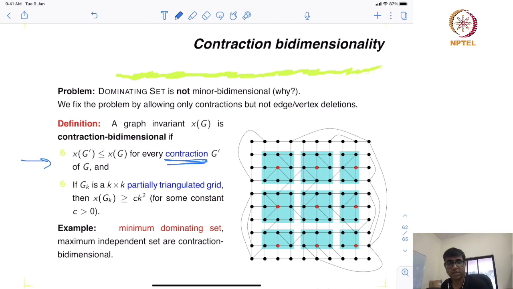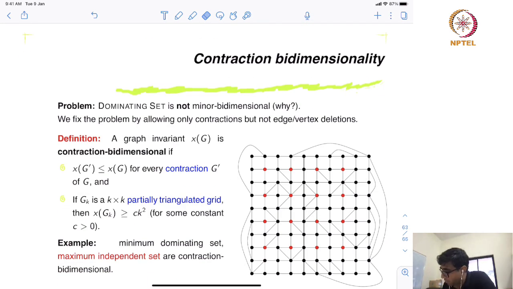Examples are minimum dominating set or maximum independent set. Look at this, right? Now look at the central vertex. Where are his neighbors? His neighbors are here, here, here. So you have found a set of vertices whose closed neighborhoods are pairwise disjoint, and a set of vertices with pairwise disjoint closed neighborhoods is a lower bound on the dominating set. So minimum dominating set and maximum independent set are in fact contraction bidimensional, but they are not minor bidimensional.